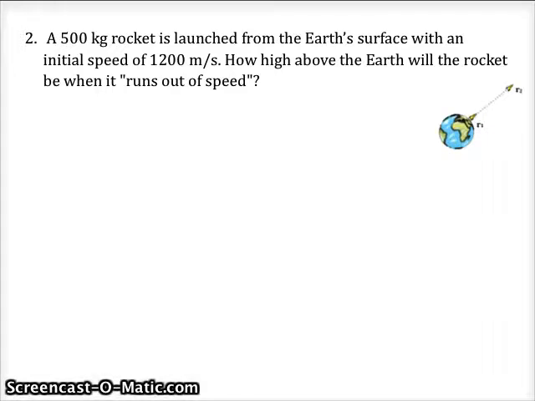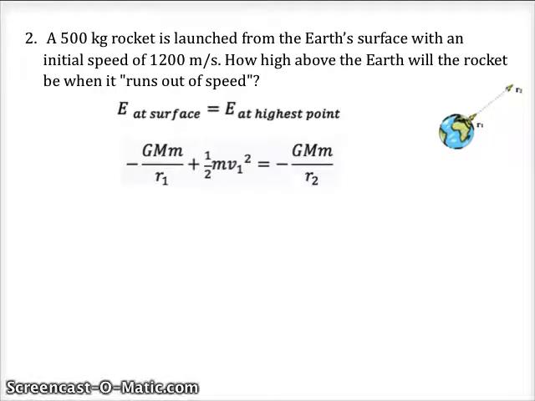All right. So in this case, when we compare the energies at 2 different locations, we'll look at the energy at the surface and then the energy at the highest point. But just like when I throw a ball up into the air close to the Earth, and it only has potential energy at that top point because the kinetic energy is 0, that's the same thing here.